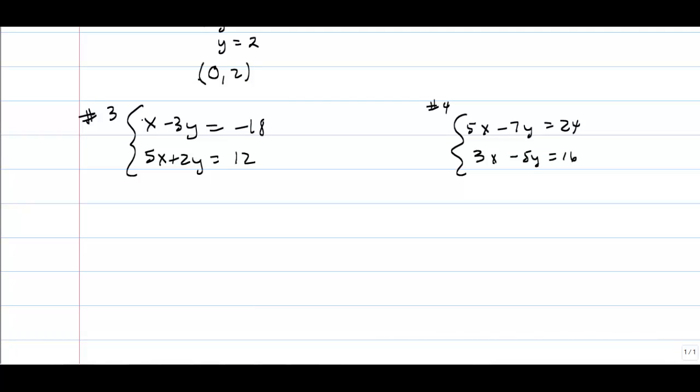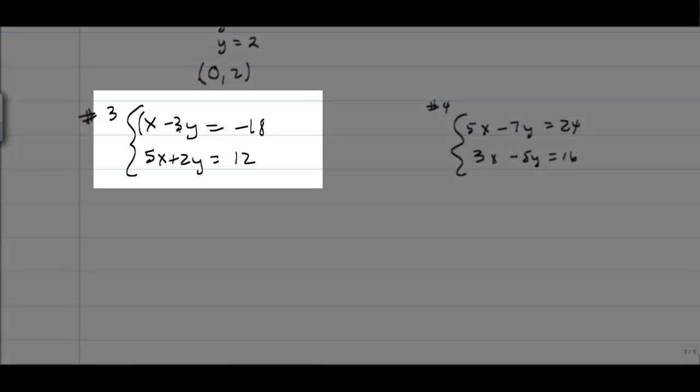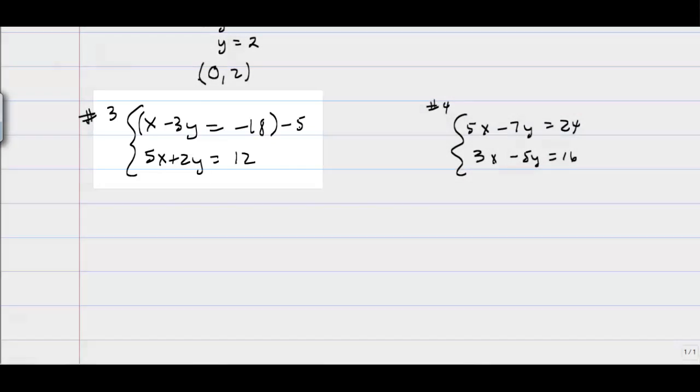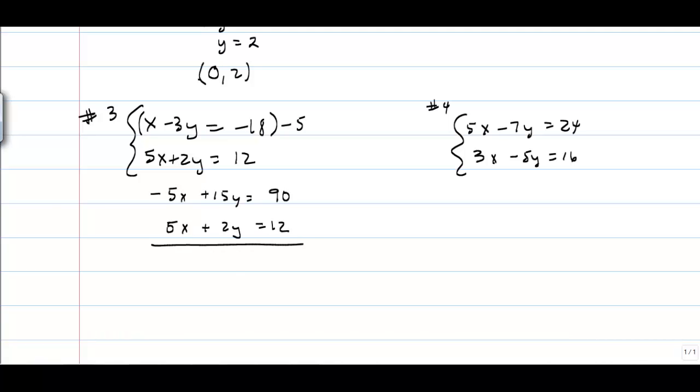Alright, let's look first at number 3. I'm going to multiply the first equation by -5, and when I do that I'm going to get -5x plus 15y equals +90. And then I keep my second equation as it is, and then I go ahead and add. And I get 17y equals 102.